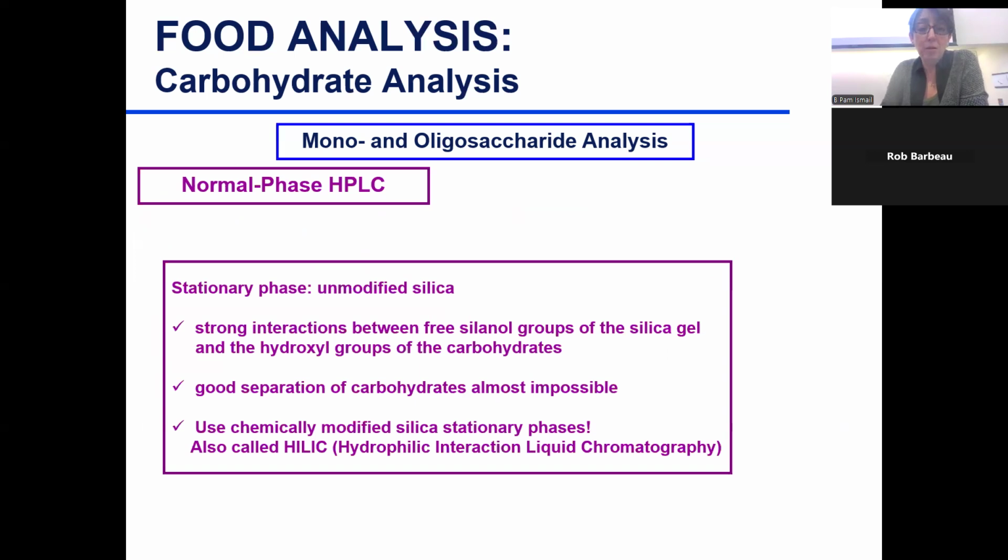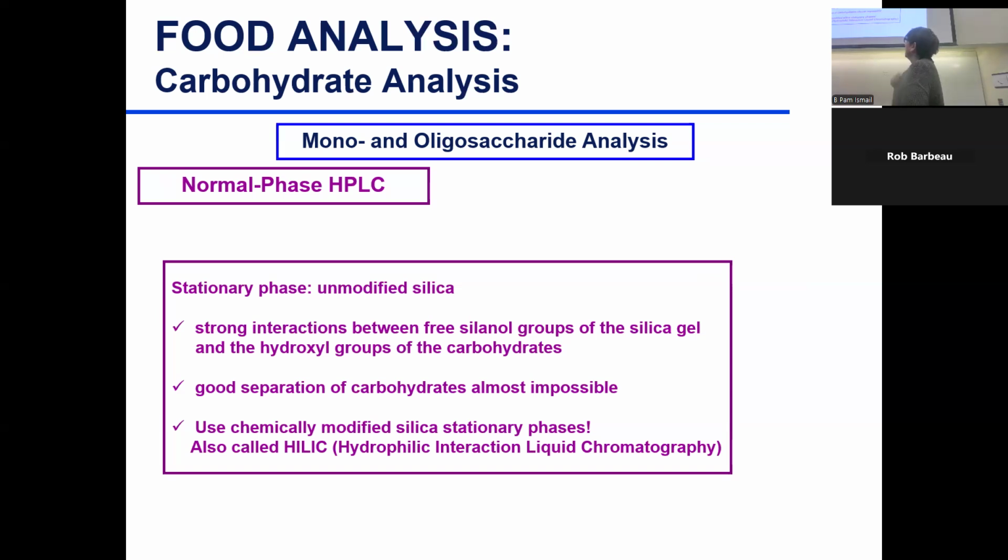All right, so normal phase. With normal phase, if you use unmodified silica, it's really not very good. It's normal phase, but it does not give you good separation because of the very strong interactions of hydroxyl groups with the silanol groups. So it's not commonly used. What is used is a modified silica.